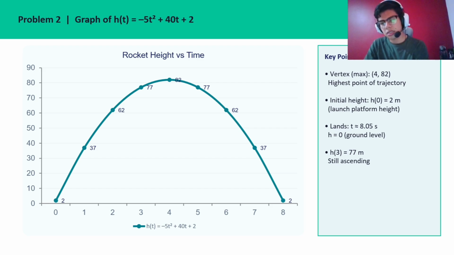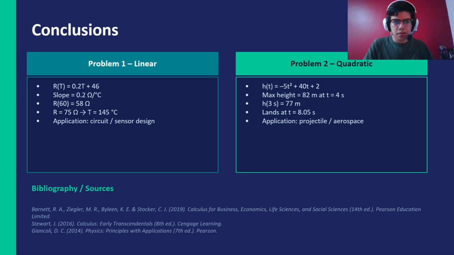That's still ascending. We will see the number 77 in the graphic. It's not the highest point in this graphic, but when we get the 82, like I said before, it's the highest point in this graphic.